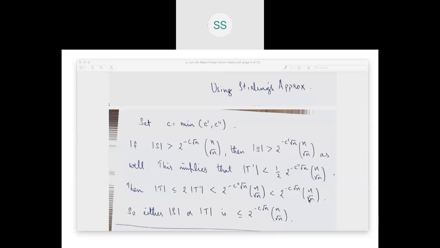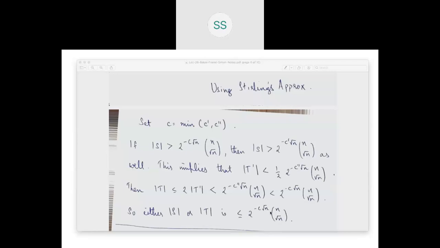So if S is bigger than 2 power minus c square root n fraction, then T is smaller than 2 power minus c square root n fraction. So either S or T is smaller than 2 power minus c square root n fraction.